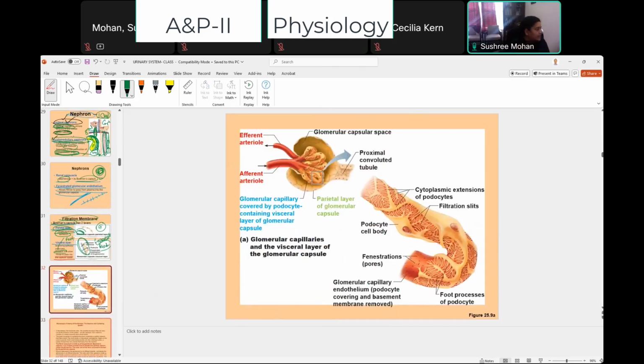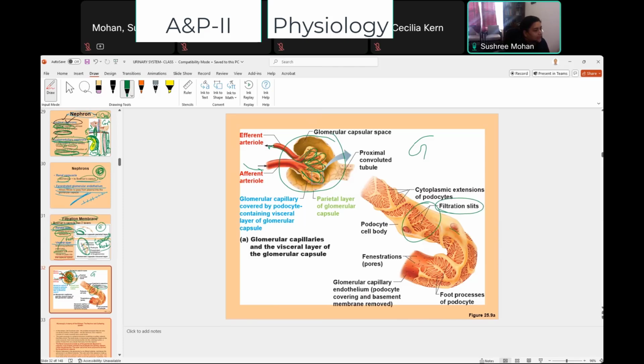Look over here. This is the glomerulus we are talking about. Blood is entering through the afferent arteriole, passing like this, and then getting out through the efferent. When the blood is passing through these capillaries, they have such filtration slits.